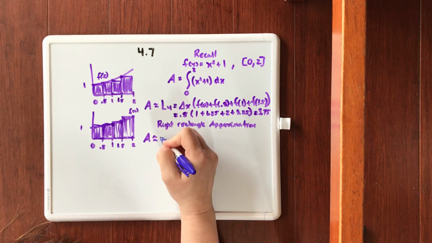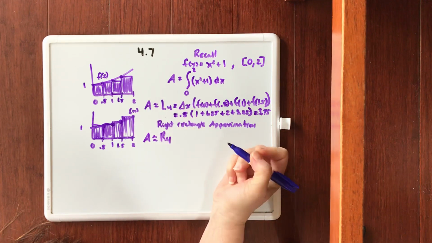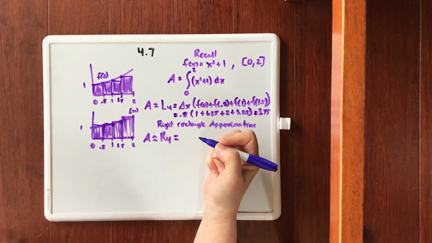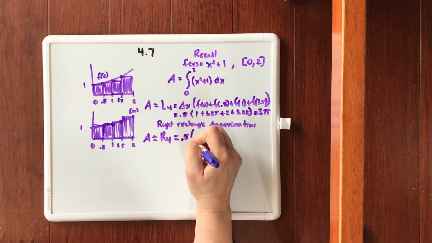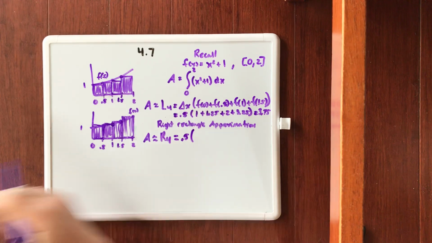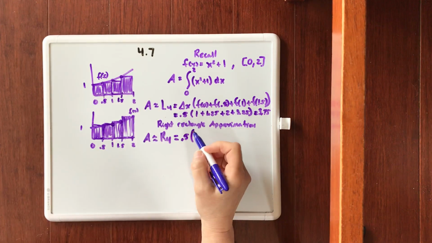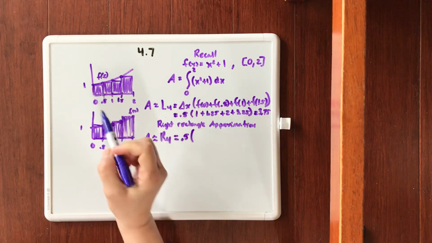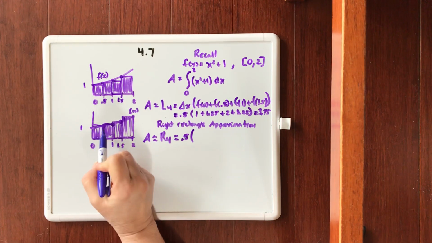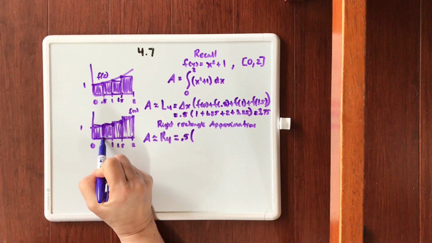So let's do this. A is approximately R4. In this case, delta x is going to be 0.5 as well. Where before we started at 0 because we were going left, now we're going 0.5 times that.